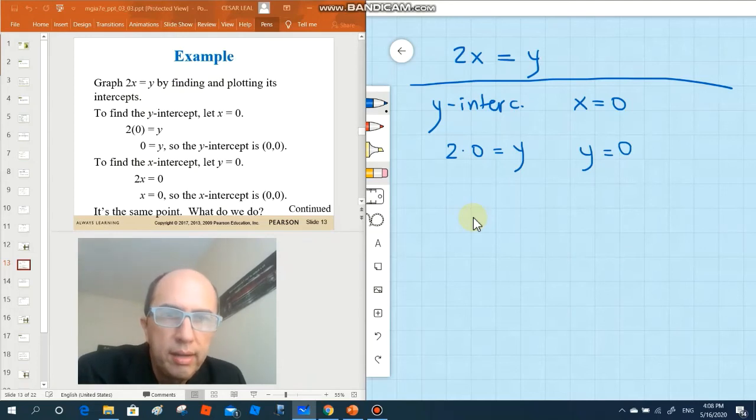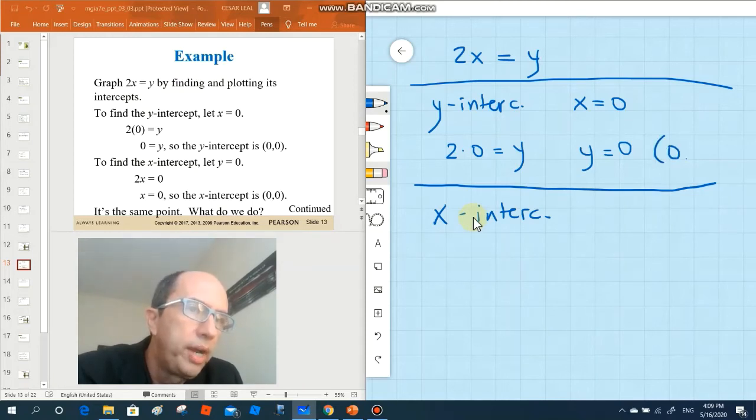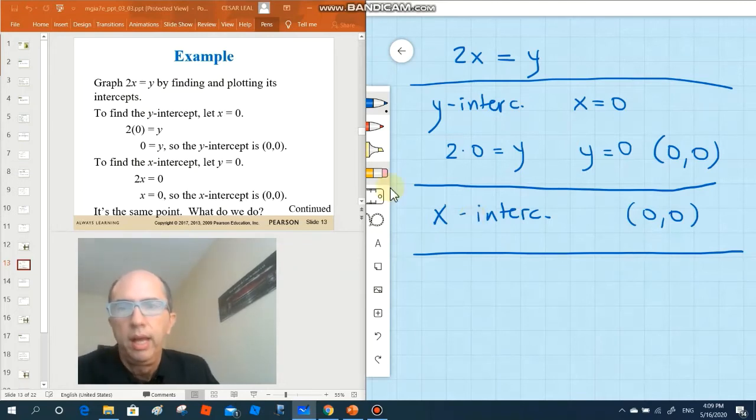And this is a particular situation where x-intercept and y-intercept are the same, the ordered pair 0 and 0. They are the origin of the coordinate system. What should we do?